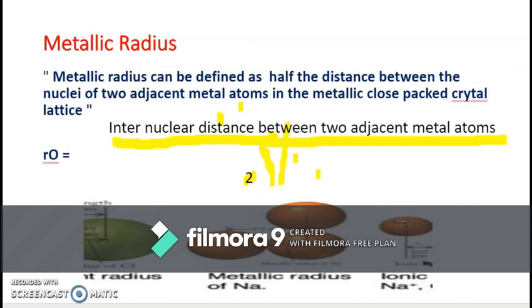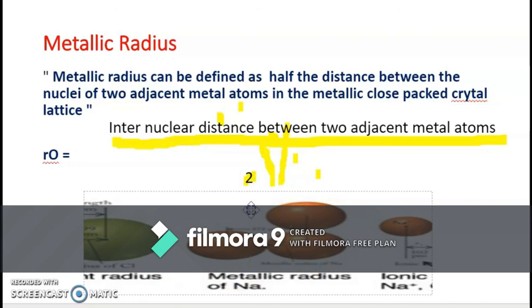Now the last portion of atomic radii is metallic radius. Metallic radius can be defined as half the distance between the nuclei of two adjacent metal atoms in a metallic close packed crystal lattice. Simply, R0, that is the metallic radius, is equal to the internuclear distance between two adjacent metal atoms divided by 2.